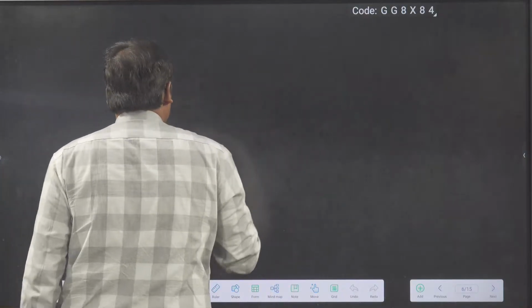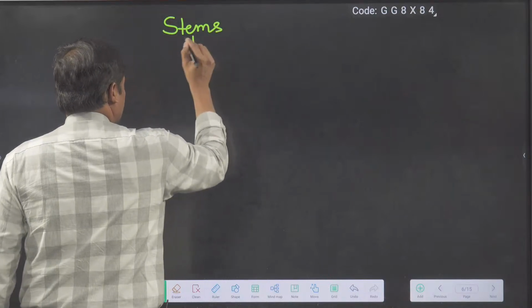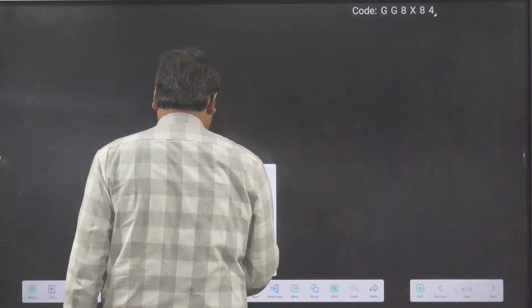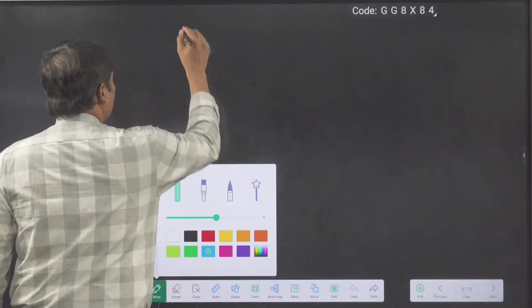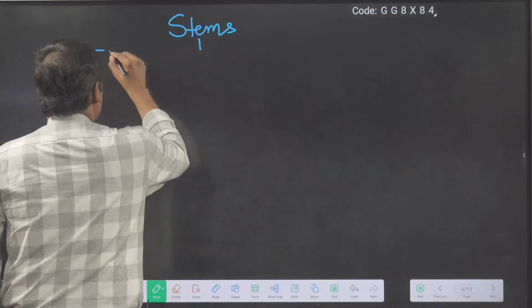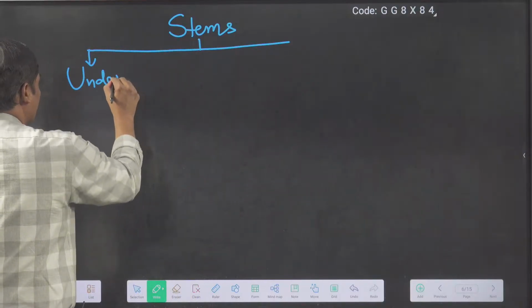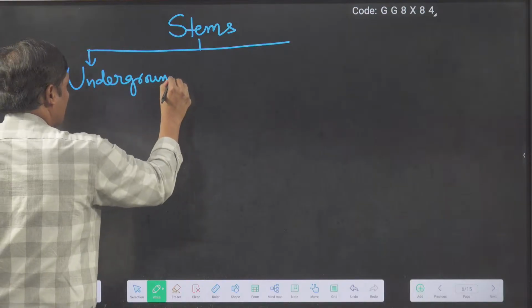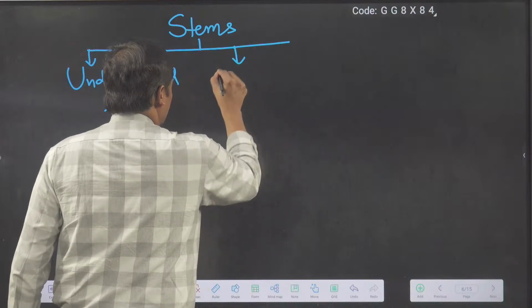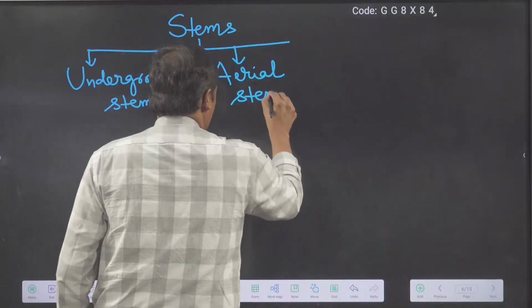Before that you have to know, stems are divided into three types, namely underground stems, aerial stems, and subaerial stems.